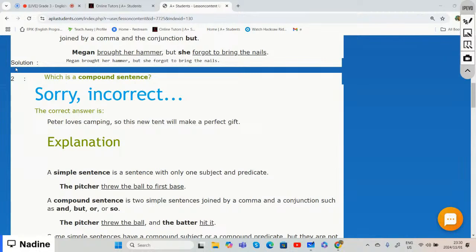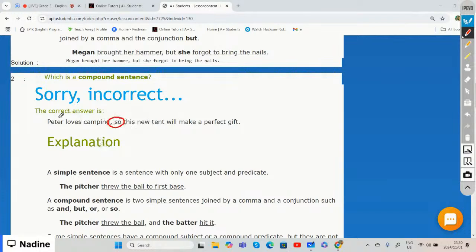Yes. So we have a conjunction, which is so, that is joining these two simple sentences, and this is correct. It is a compound sentence. Well done.